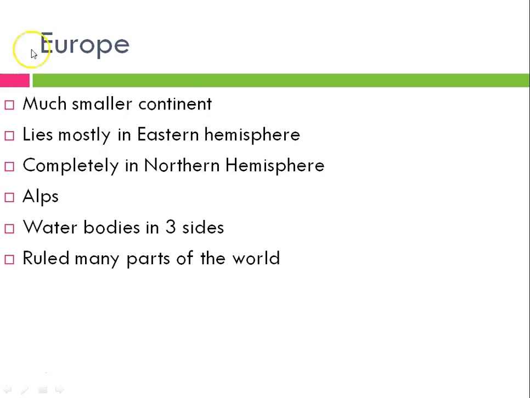This continent has many countries that have ruled different parts of the world. Like England ruled over India. Apart from England, there were colonies of France. We had colonies of Portuguese, right?